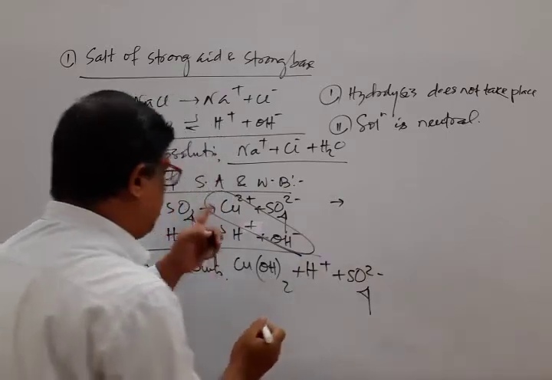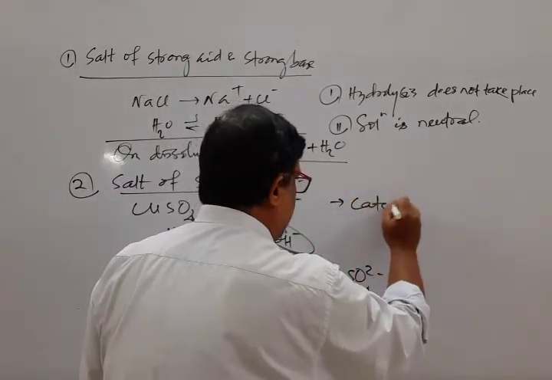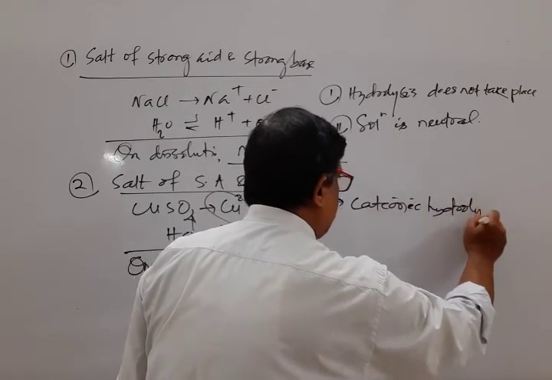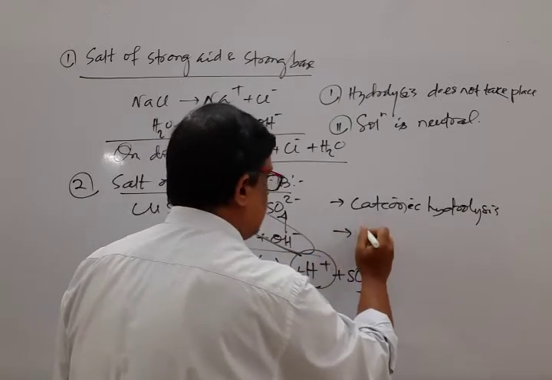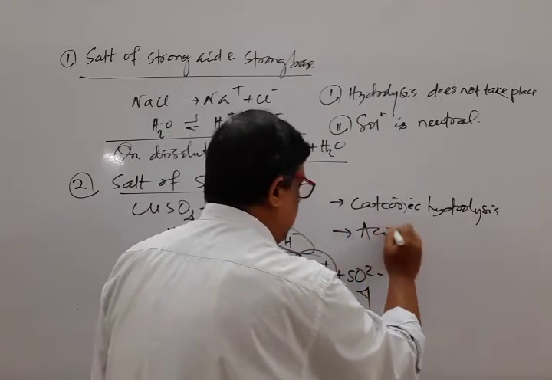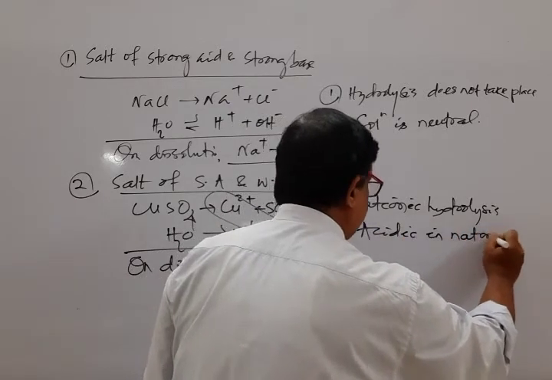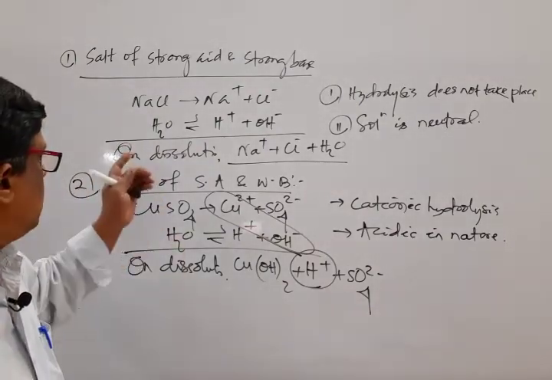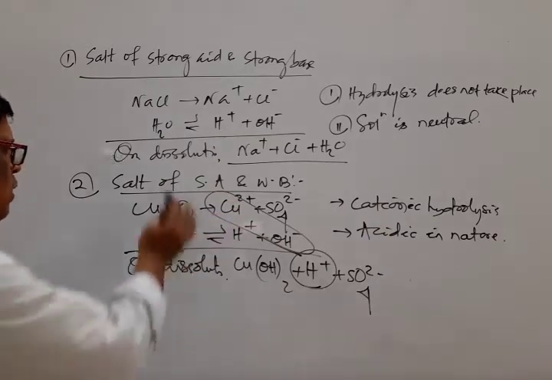So from this it is clear that since the cation combines, it is known as cationic hydrolysis, and since free H plus ion is there, the nature of the solution is acidic. It is type 2, that means salt of strong acid and weak base.